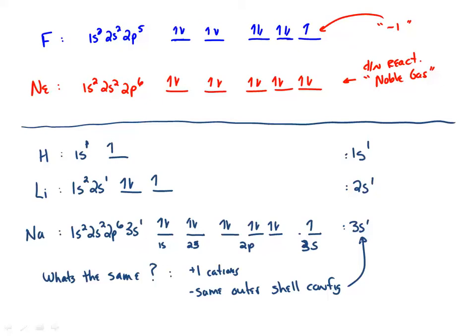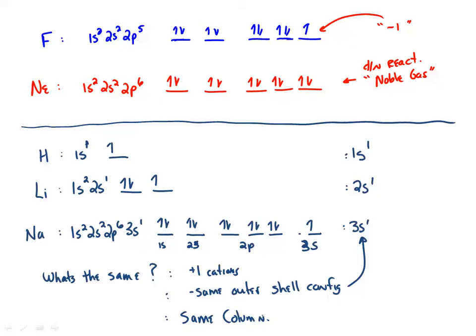And so what else do we recognize about hydrogen, lithium, and sodium? Where are they on the periodic table? Yeah, they're in the same column. So one of the things that we've said about elements in the same column is that they tend to react similar to each other, right?